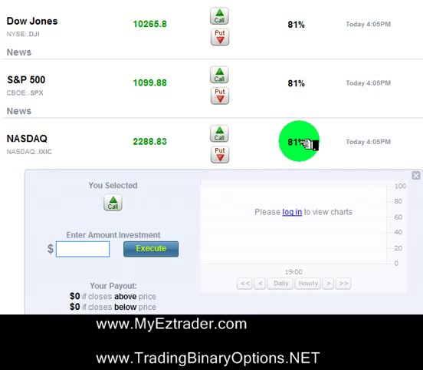I could place whatever investment I want in here. The minimum is $30. The maximum, I think, is $1,500. And as you can see, I put $100 here. It'll tell you your payout if it closes above this price. I would win $181, which is my $100 back plus $81 of profit. Click on execute and you would own that trade. There are no stops. You don't have to worry about stops or profit targets.